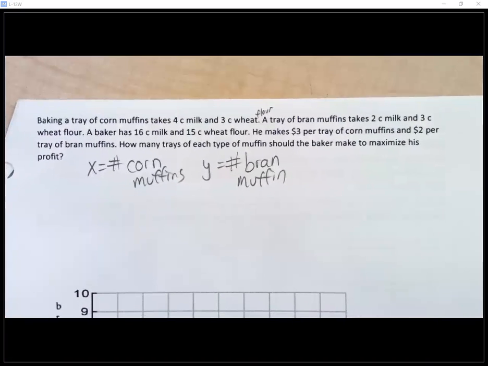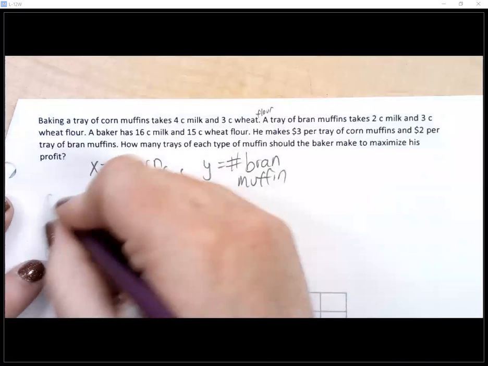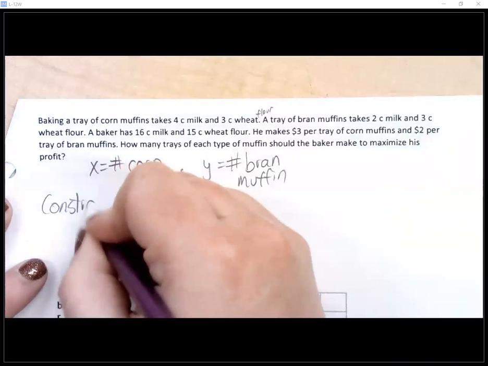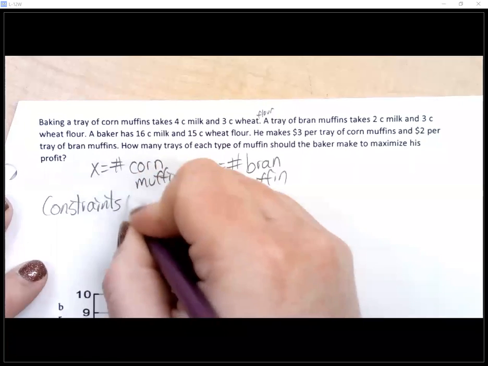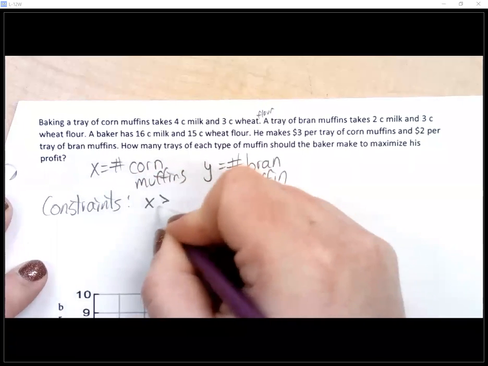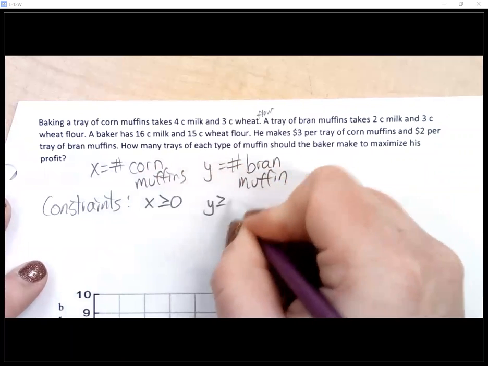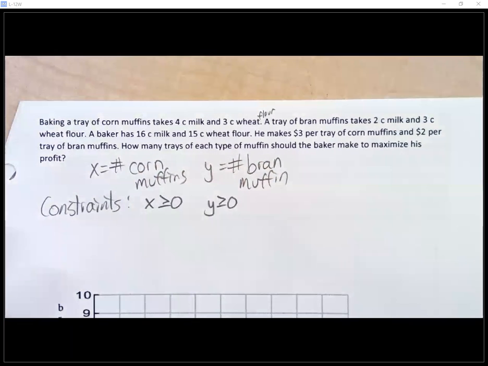All right, so can they be negative? No. So our first set of constraints is to not let X or Y go negative. So X has to be positive, Y has to be positive. Okay, great. You're going to have 2 other constraints here.